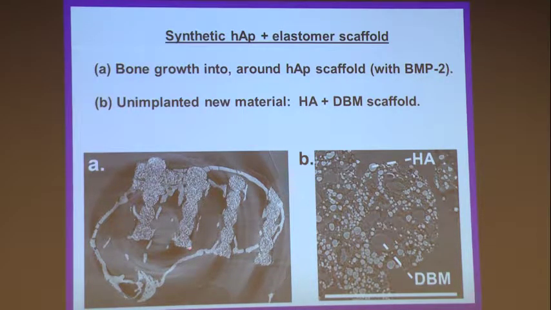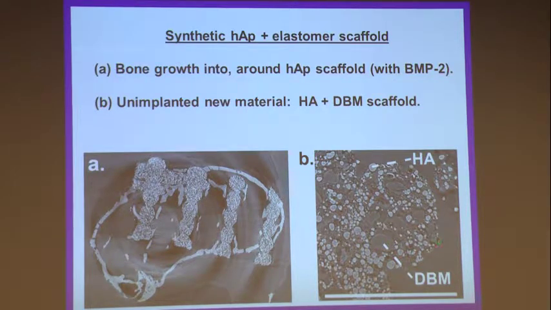Now let's try to do the same thing while incorporating into the scaffold demineralized bone matrix particles. And this has some endogenous factors that might help the growth. And this is an unimplanted scaffold with hydroxyapatite.